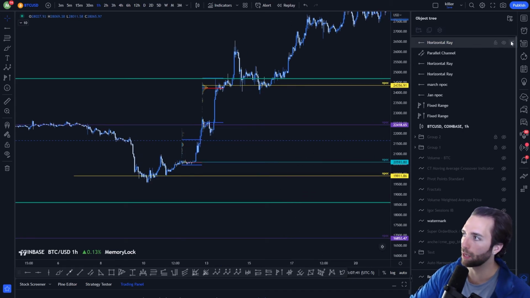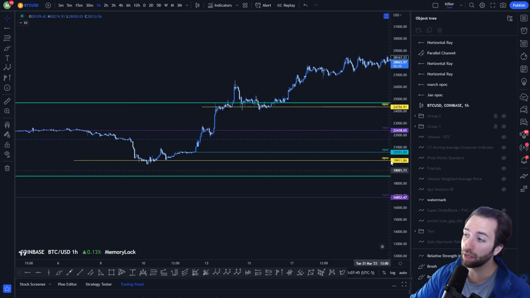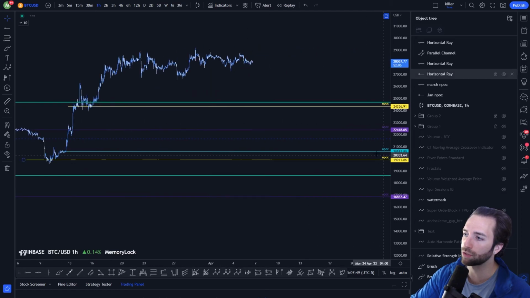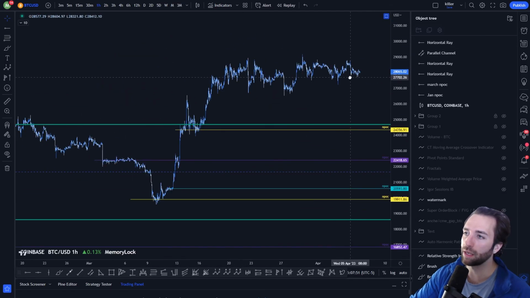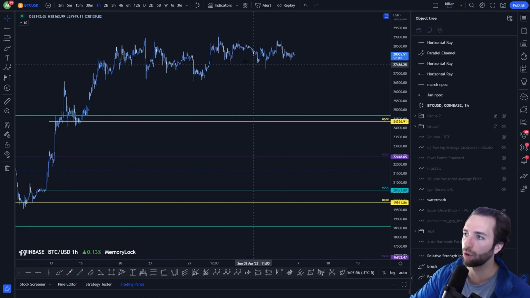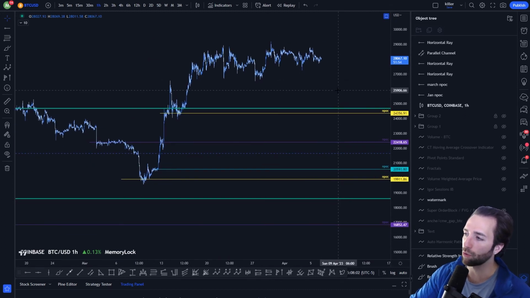So now again, we can see we have a couple monthly naked points of control here, a couple weekly naked points of control, and then I just took the time to draw out one daily naked point of control for the sake of time. Of course, you can go through all of this and find any kind of levels that you would like. These work similarly to other horizontal levels like our weekly, daily, monthly levels.